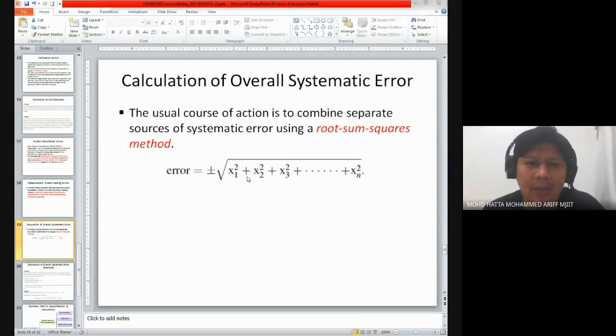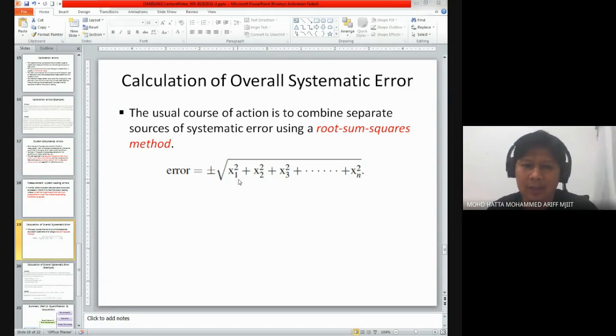We square x1, plus x2 squared, plus x3 squared, and so on. Basically, x1 is due to calibration error, x2 due to environmental error, for example, and x3 maybe due to loading error. Make sure that the value of x here is half of the maximum value for that particular error, for example, calibration error.